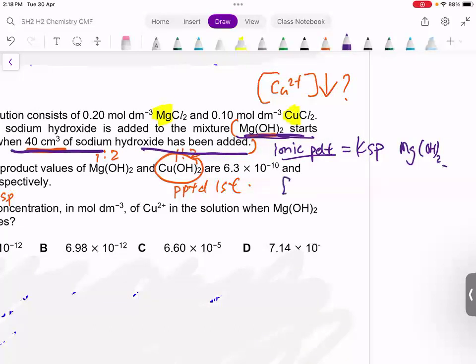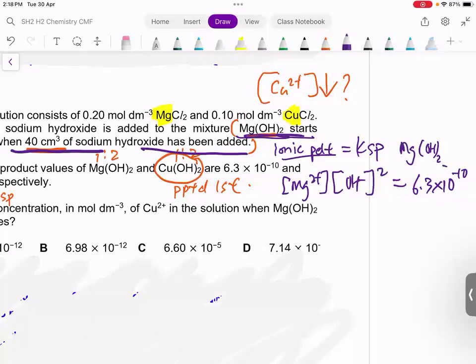So in this case, the ionic product will be magnesium 2 plus times the hydroxide concentration squared, equals the Ksp value of magnesium hydroxide, which is 6.3 times 10 to the minus 10. Okay, then what next? Do I know magnesium 2 plus or do I know hydroxide? Which is the one that I know? Magnesium 2 plus. I know magnesium 2 plus.